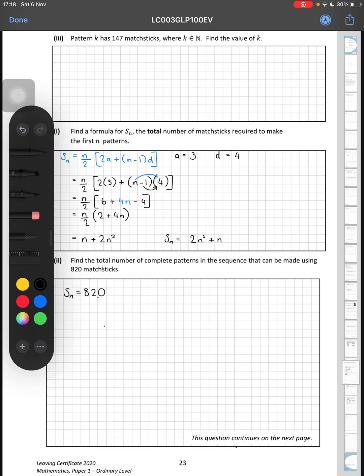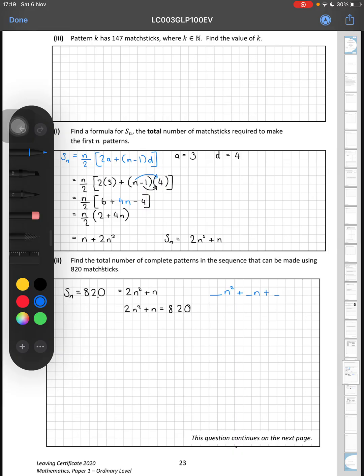Okay, and then C part 2 says, find the total number of complete patterns in the sequence that can be made using 820 matchsticks. So S of n is the total number of matchsticks. So S of n here, the total number of matchsticks we've been given, is 820. And we just came up with a formula for what S of n is, so it's 2n squared plus n.